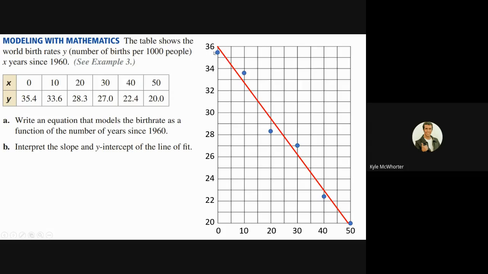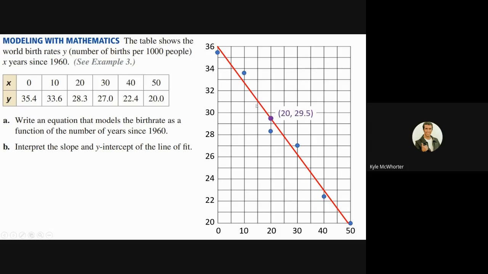Notice that our line doesn't go through any of our blue data points here. It gets really close to this one, but it doesn't actually go through it. You can see it hits the axis a little bit before it. So we're going to look at this line and try to find a couple of points that we can use.